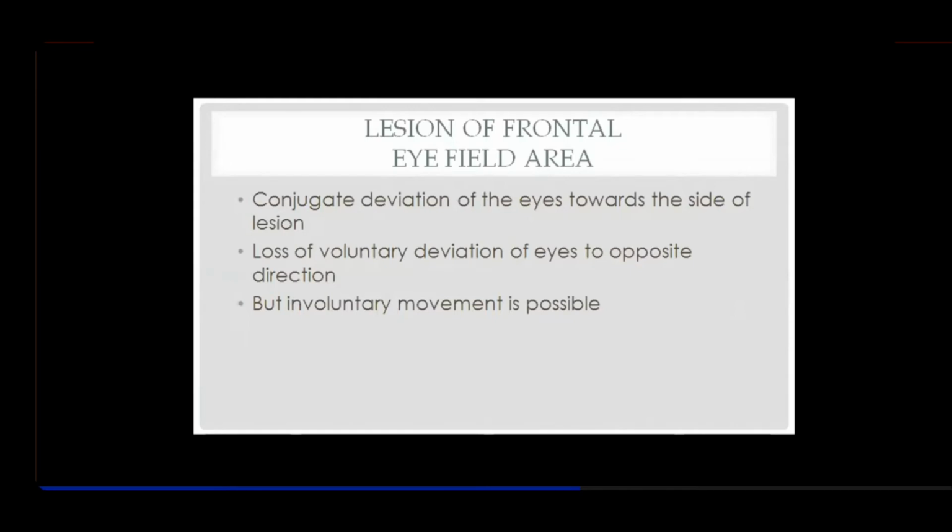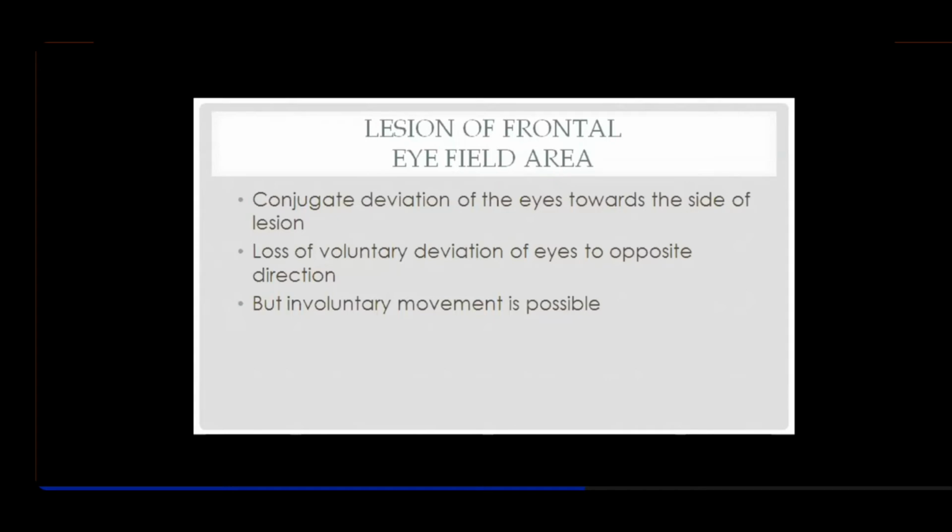For example, a person is suffering from a right-sided lesion of the frontal eye field area. In normal time you will find his eyes are focusing towards the right side, if the lesion is on the right side, right? And if you sit on the left side and ask him to look towards me, he will not be able to move his eyes towards the left side, right?